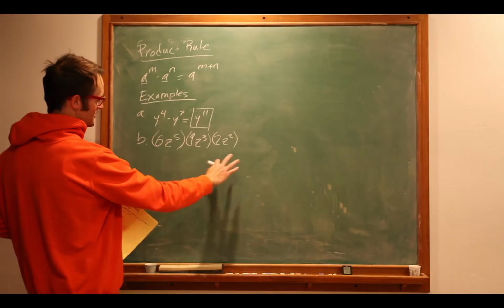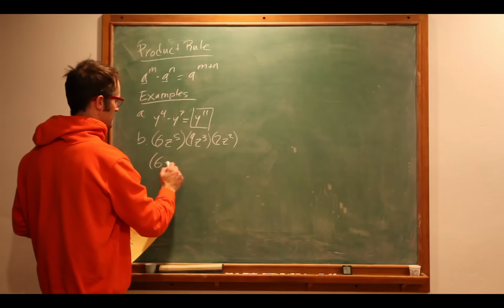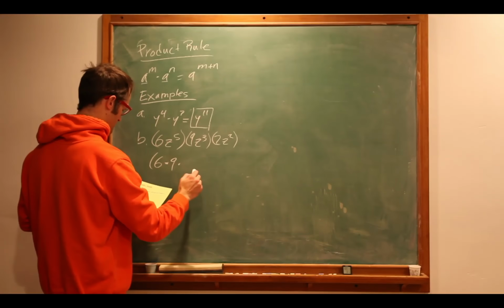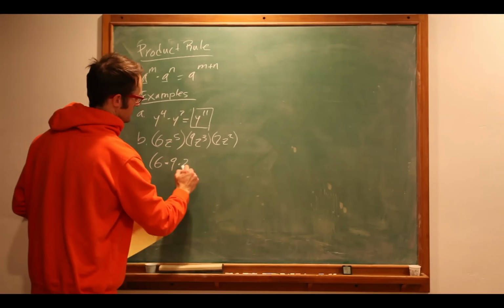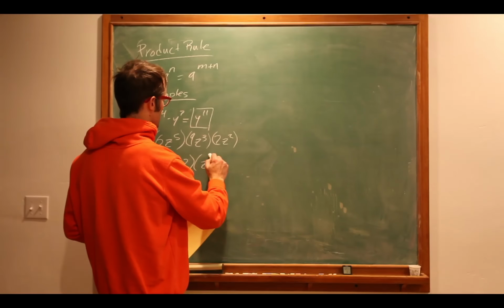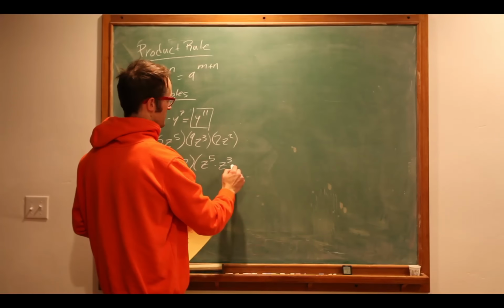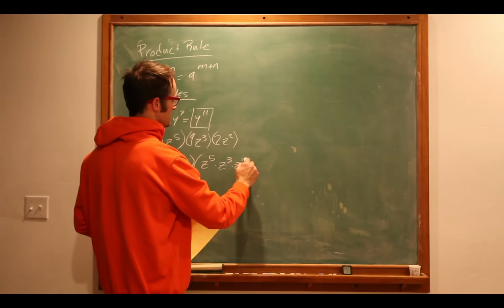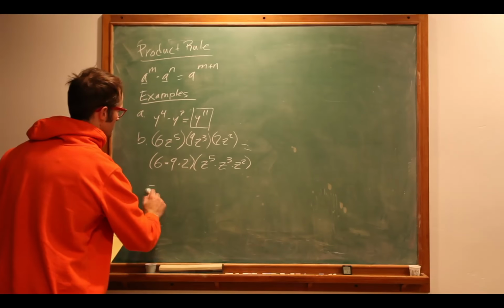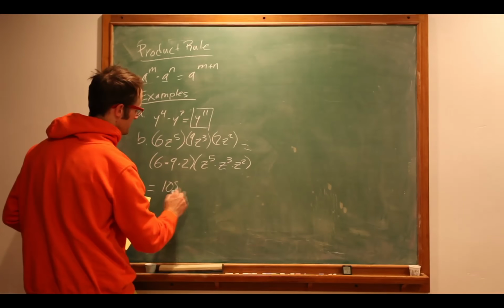Okay, so let's separate all the bases. Let's pull those out: 6, 9, and 2, and separately z to the 5th, z to the 3rd, and z squared. This is just to make it easy to see. 6 times 9 is 54, times 2 is 108.